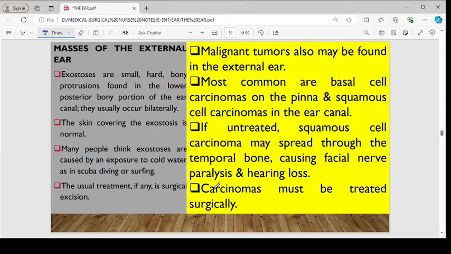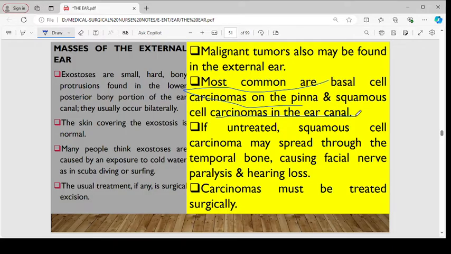Many people think exostoses are caused by excessive exposure to cold water, as in scuba diving or surfing. The usual treatment, if any, is surgical excision. Malignant tumors are also found in the external ear. The most common ones here are basal cell carcinomas of the pinna and squamous cell carcinoma of the ear canal.